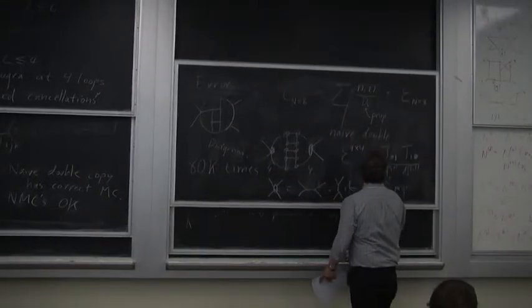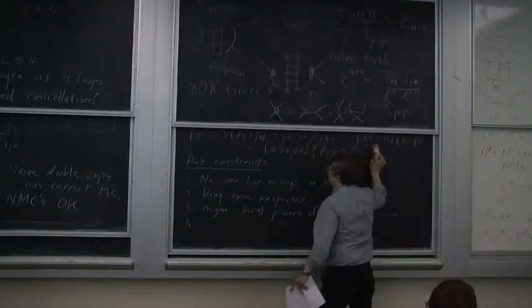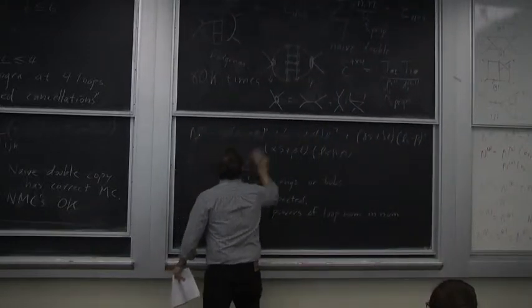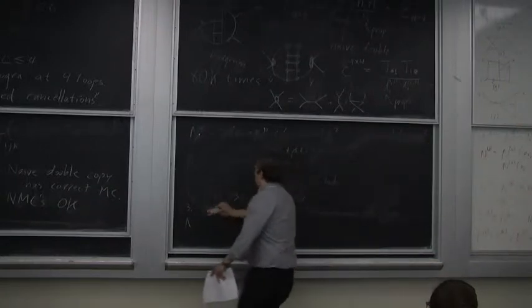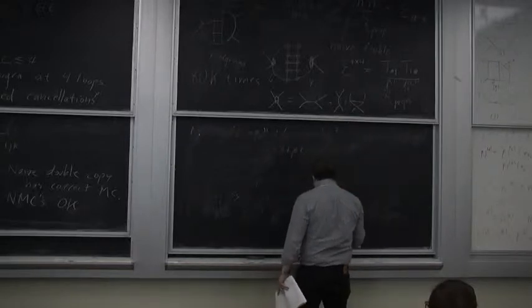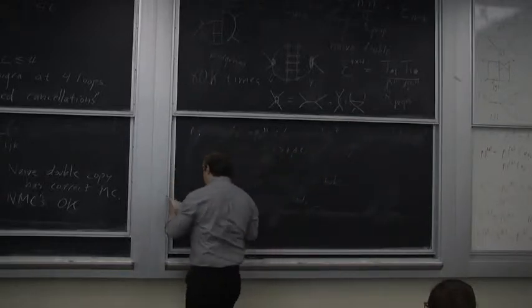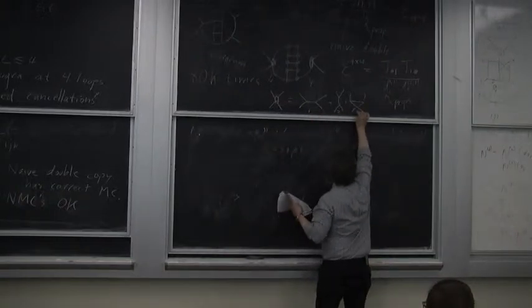But the final formula is pretty simple, where this J is exactly one of these discrepancy functions defined in terms of the original naive double copy. So let's put some labels like this one's 1, 2, 3.